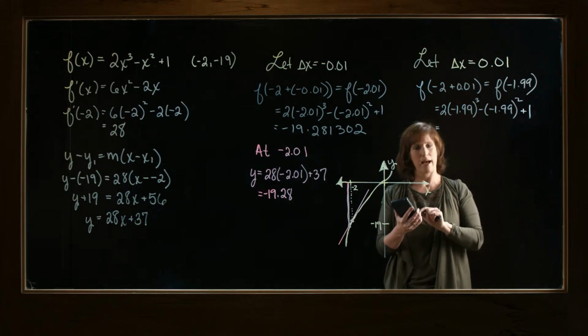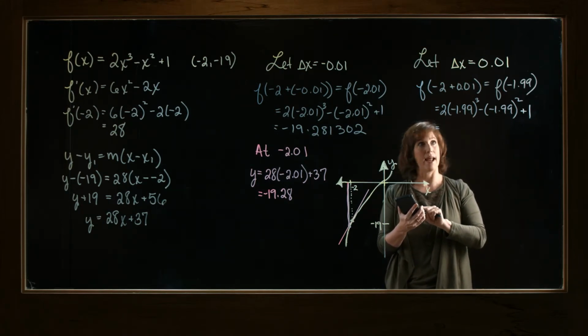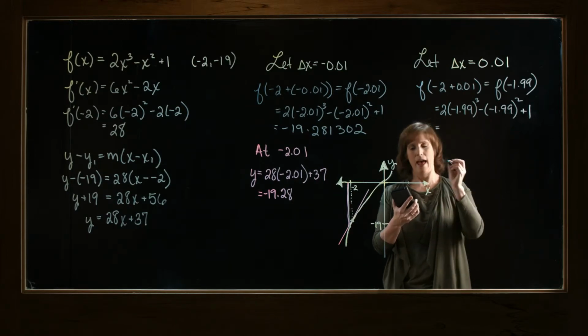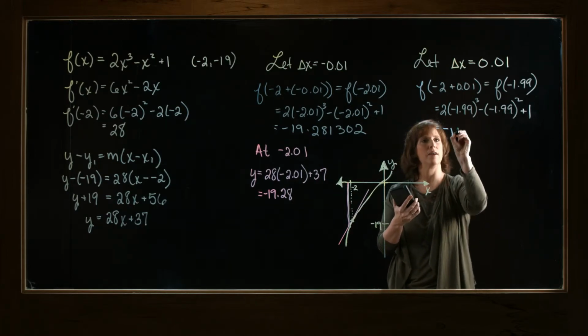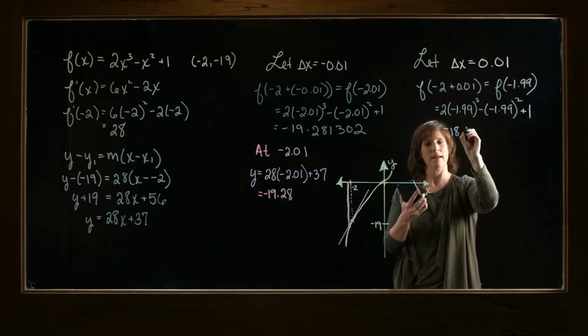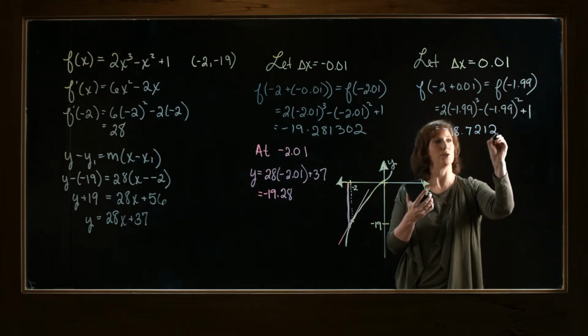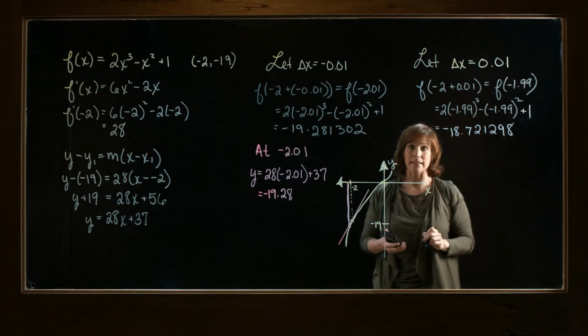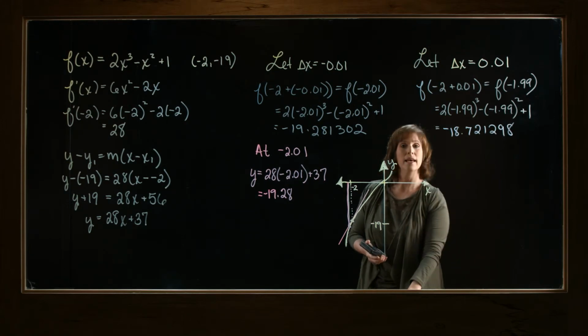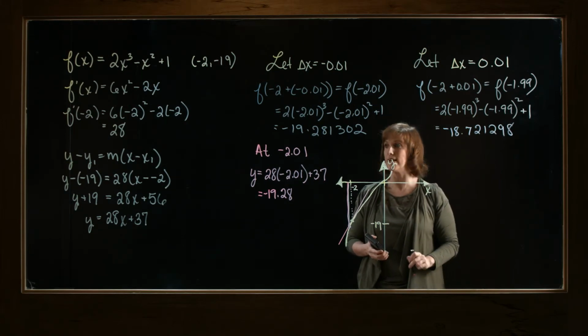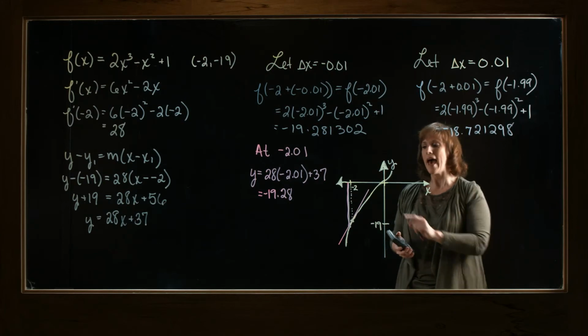So 2 times (-1.99) cubed minus (-1.99) squared plus 1. And my result is -18.721298.